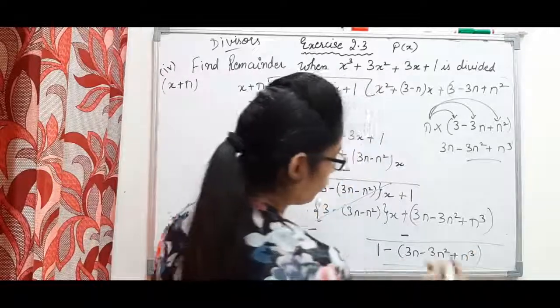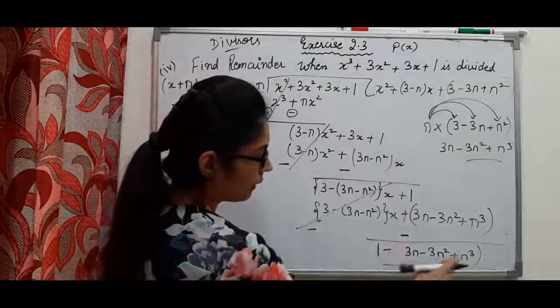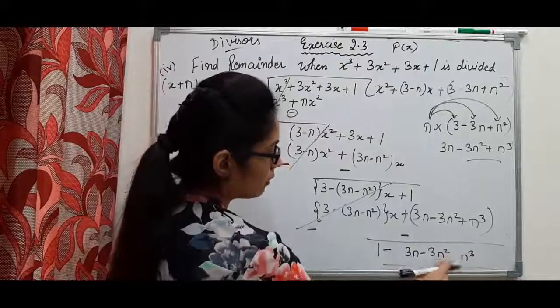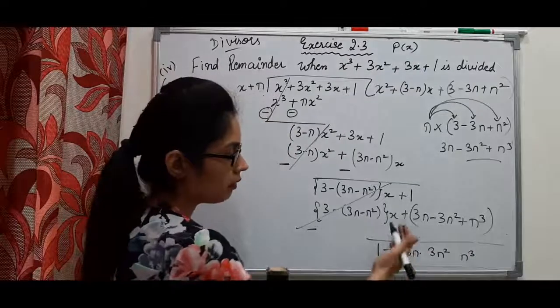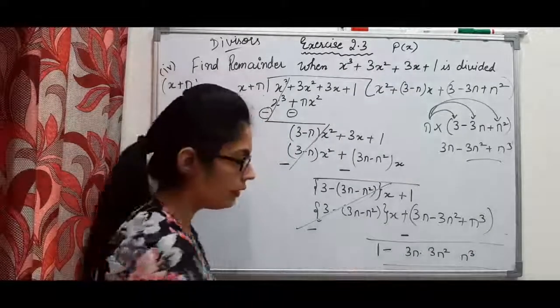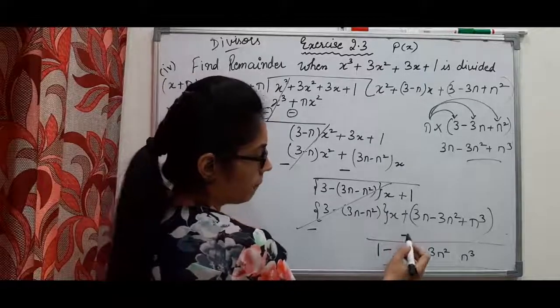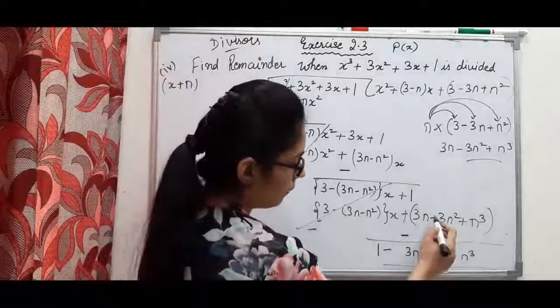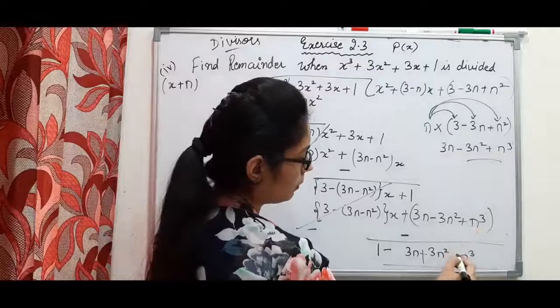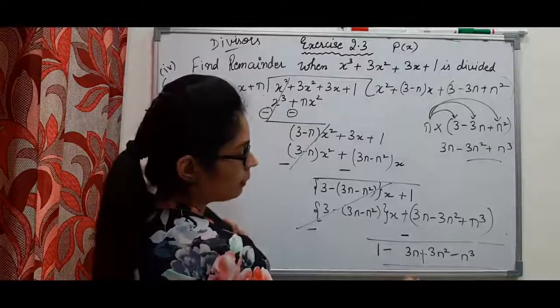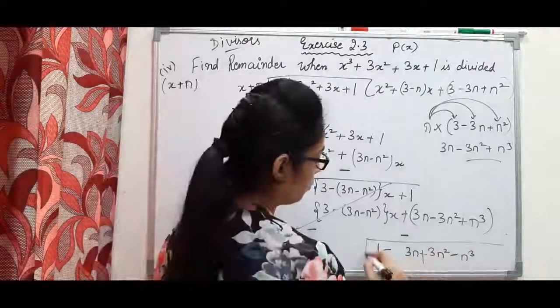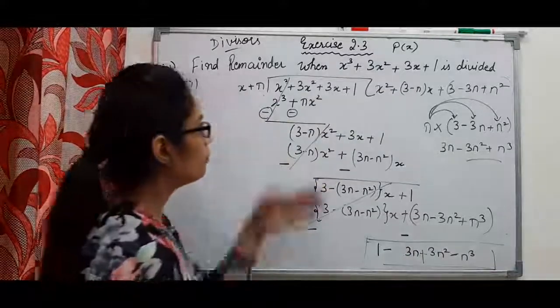If you want, you can open the bracket, and once you open the bracket, all the inside signs they will get changed. Why? Because whenever minus is outside the bracket, inside sign will get changed. So here minus was there, plus, plus was there, minus. So 1 minus 3 pi plus 3 pi square minus pi cube is the remainder of this division.